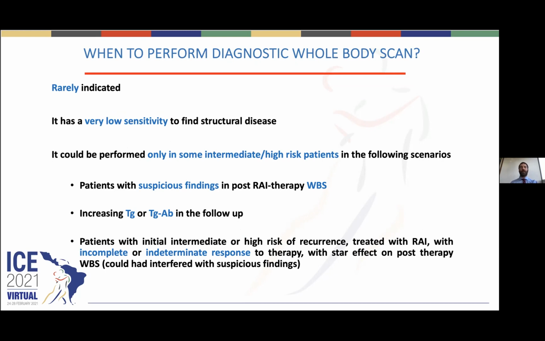In which case could we think of performing this diagnostic whole body scan? In some patients with intermediate or high risk of recurrence when, for example, they have some suspicious finding in the post-therapy whole body scan after radioactive iodine treatment, or in patients in whom we have significantly increasing levels of thyroglobulin or thyroglobulin antibodies in the follow-up.